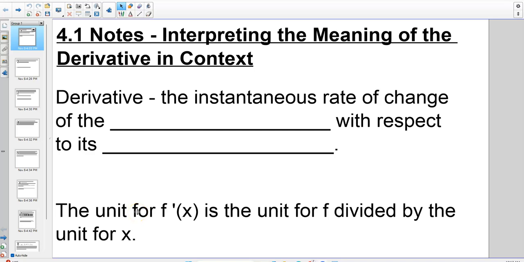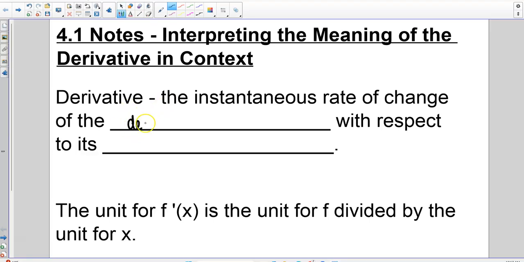When we're talking about derivatives, we've talked about this a lot already. The derivative is the instantaneous rate of change of the dependent variable, which is not always y, but in a really generic scenario it's y, right?